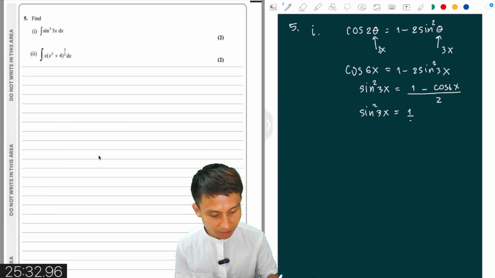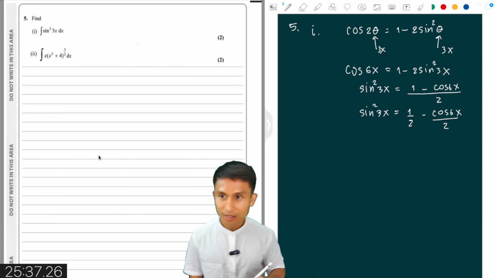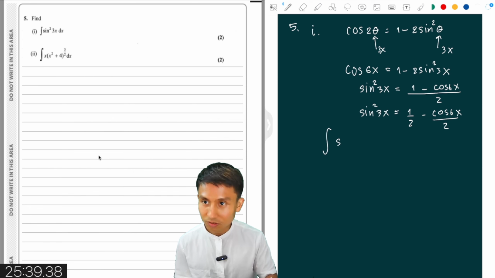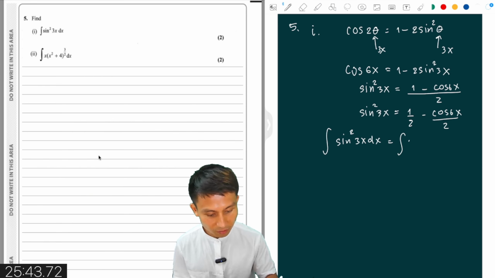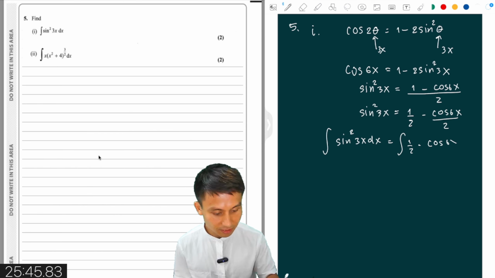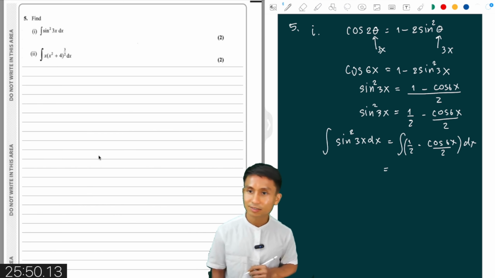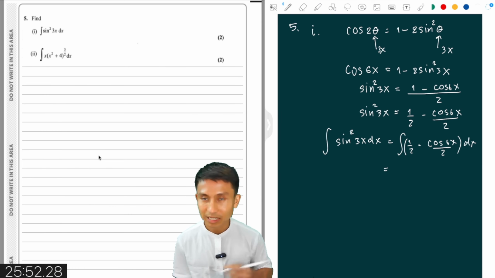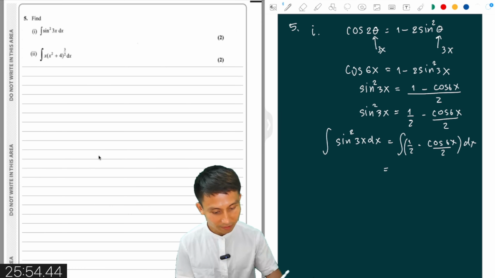Because we're going to integrate split, to make it a little simpler there. There you go. And then the integral of sine squared 3x dx will just be the integral of a half minus cos 6x over 2 dx. It is an indefinite integral, so we need to put a c after everything.